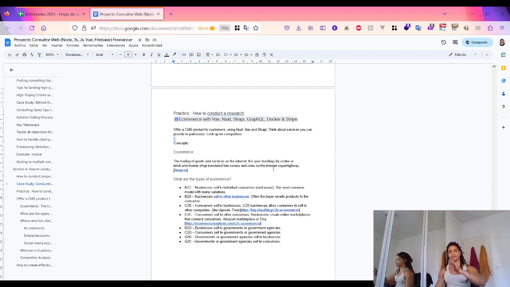So we have these five examples: online retailer, digital marketplace, subscription service, online travel and booking, and food ordering and delivery service.